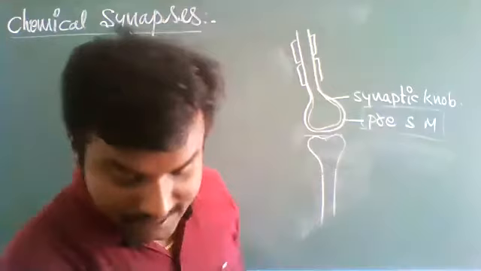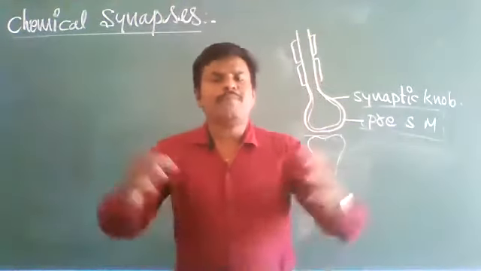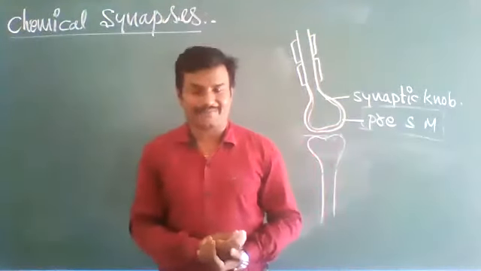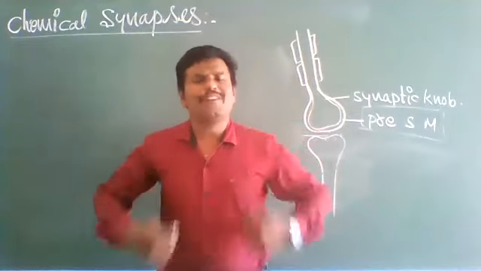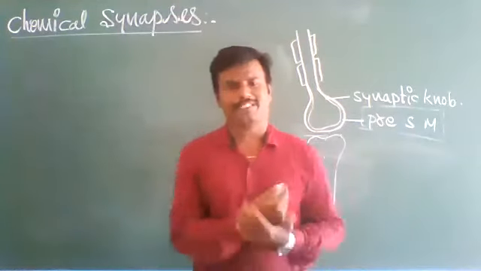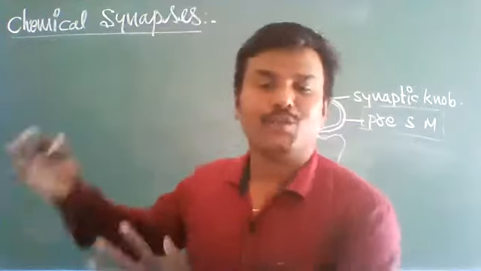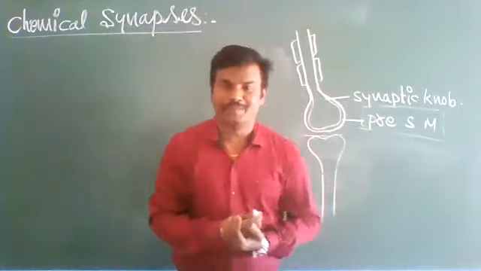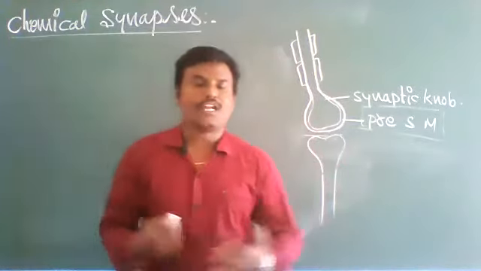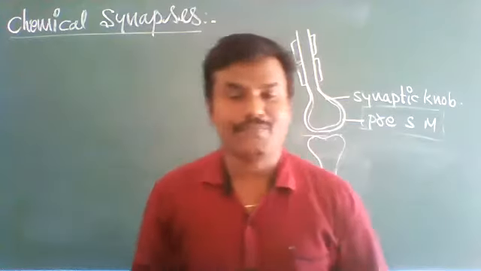Chemical synapses. These are the commonest kind of synapses. Commonly in the remaining parts of our body, signals are transmitted through chemical synapses.